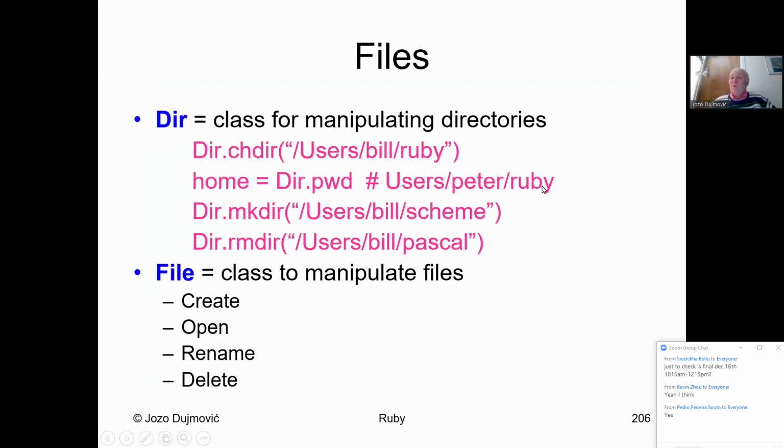We'll say user Peter Ruby. You can make directory. You can say make directory, users will scheme, remove directory, and all its contents, user will Pascal. You can have File class that is creating file, opening, renaming, and deleting. What is done in all languages with all files.